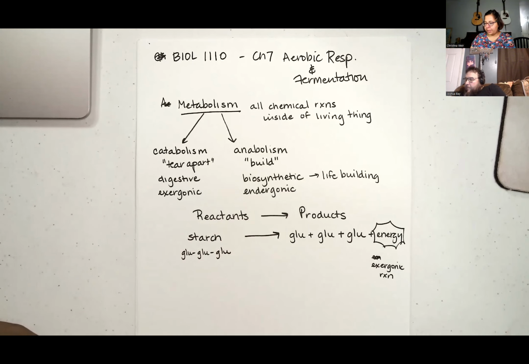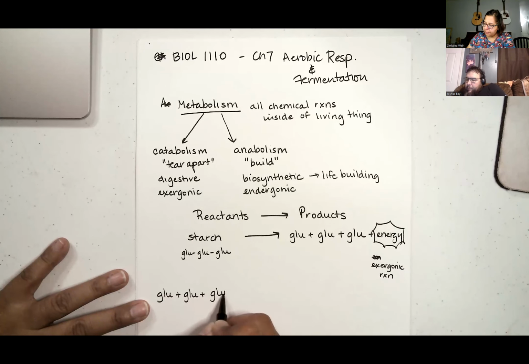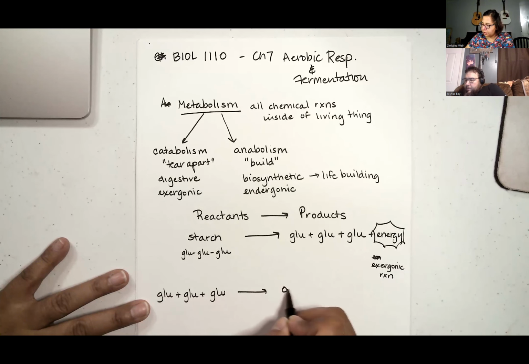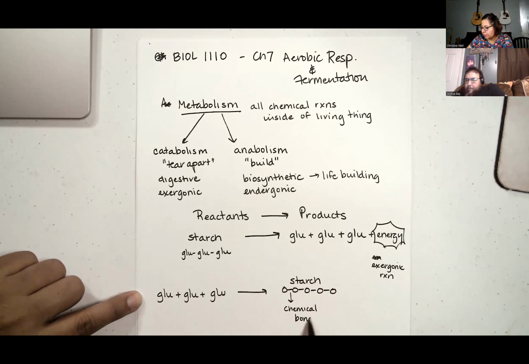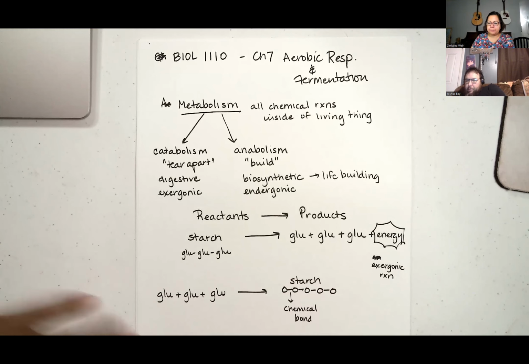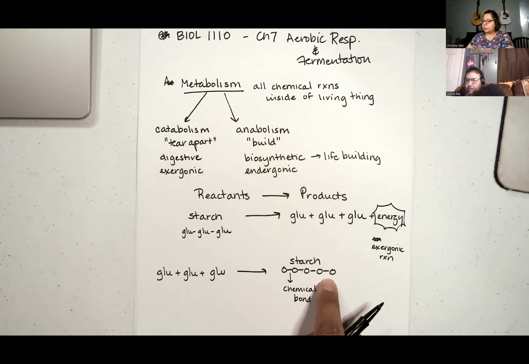Well, we can reverse this reaction like many plants do, and they will take several glucose molecules and link them together in order to create a large starch molecule. So I'm just going to represent starch as all these individual glucose molecules linked together. And these little lines right here represent a chemical bond. So this diagram has several chemical bonds in it. Here's my point. When you create chemical bonds, you're using energy to create the bonds.